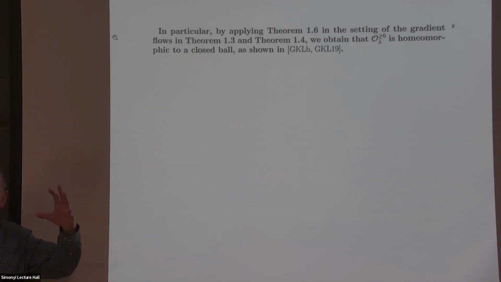So basically what you're doing is you're taking the flow, trace L bracket N, you let it act on the totally positive part of the orbit, and you can show it flows to a point, basically contracting it down, and that shows it's equivalent to a ball. So that's the beautiful thing. And so that sort of recovers the results of Galashin, Karp, and Lam in this kind of geometric setting, but there are also applications to other things.